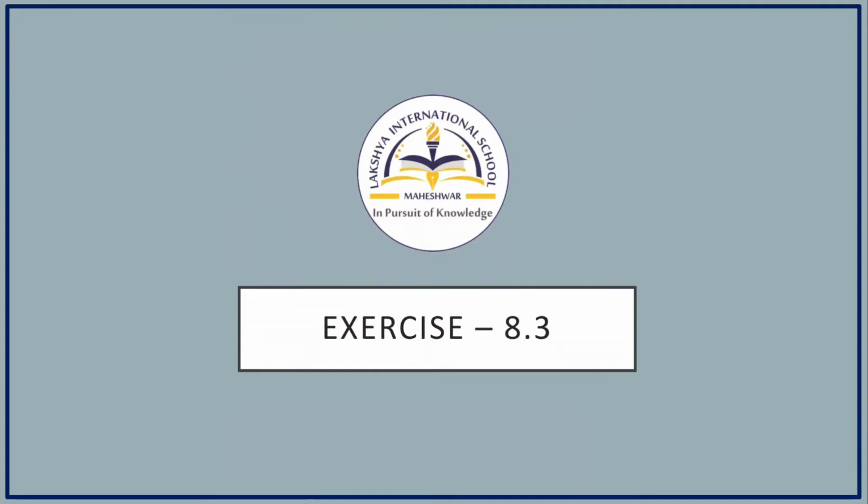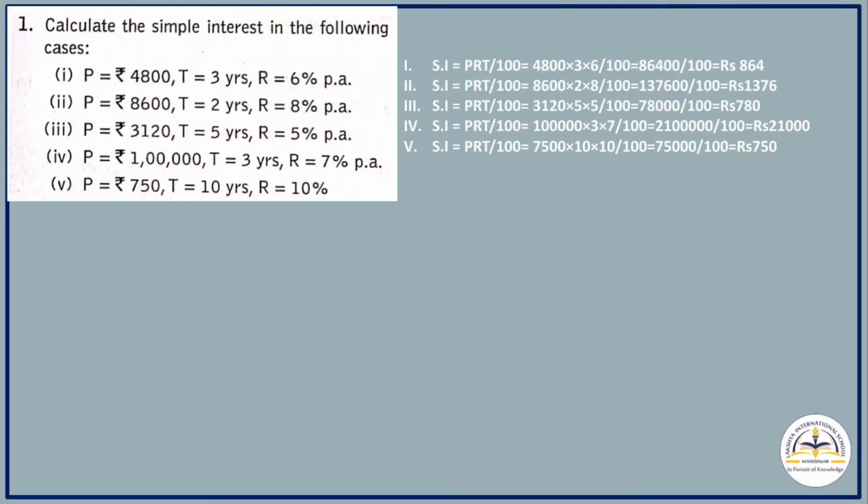Now on the basis of simple interest, we will solve exercise number 8.3. Question number 1. Calculate the simple interest in the following cases. First, P equals 4,800, time 3 years and rate 6% per annum.